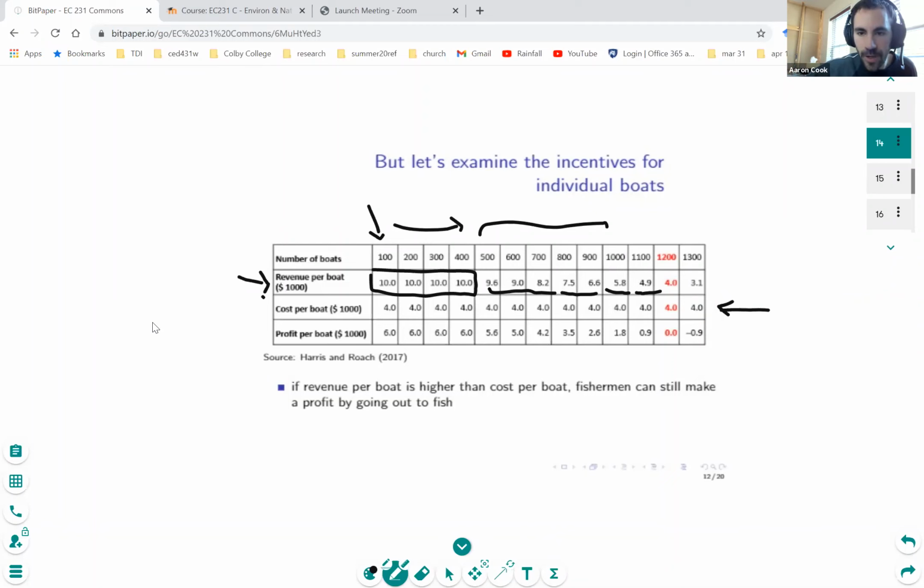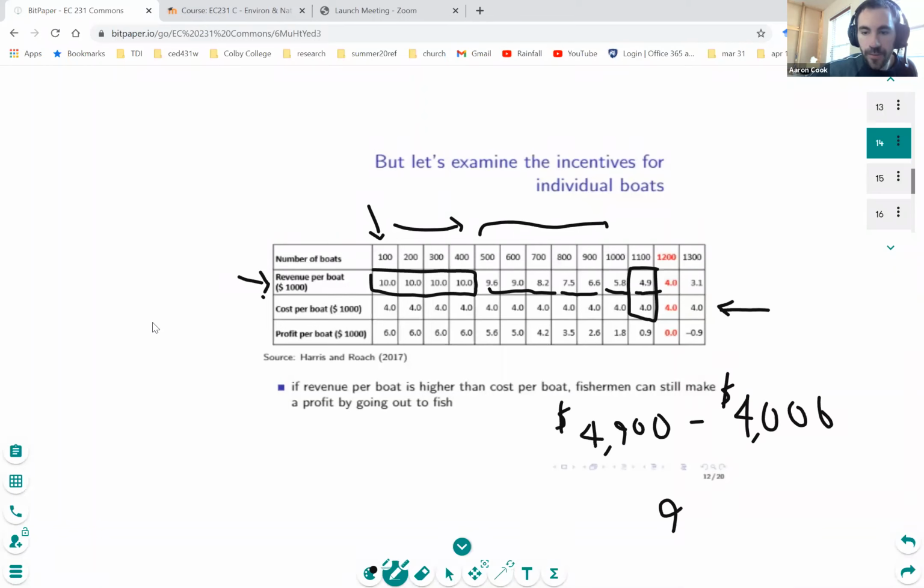And so, up until 1100 boats, you still have $4,900 of profit per boat. You still have $4,000 of cost per boat, and so you have a profit of $900 for the 1100th boat, and then you can imagine that diminishing even more as you go from 1100 to 1200.